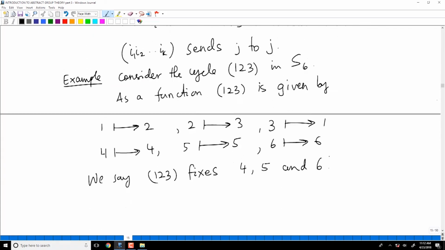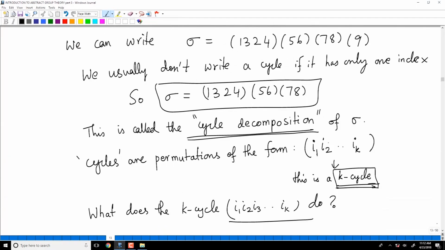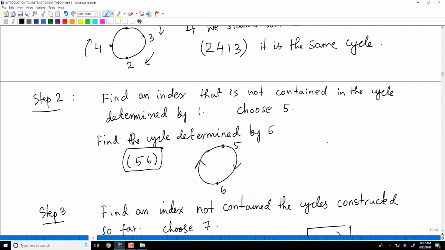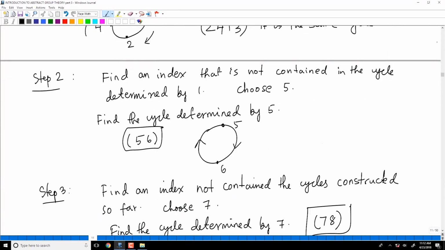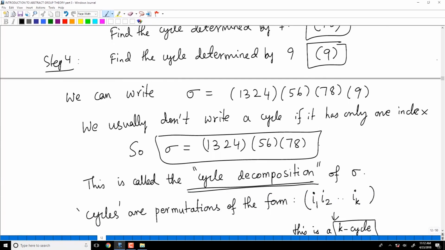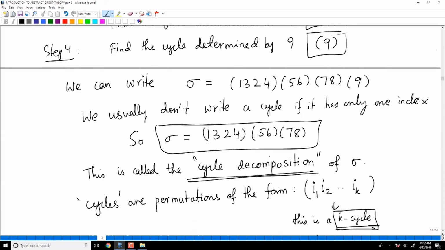Okay. So now going back to the example that we worked out here, this particular permutation sigma can be written as a product of cycles 1, 3, 2, 4, 5, 6 and 7, 8.